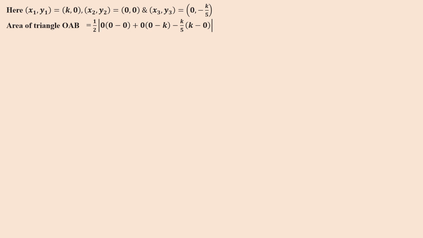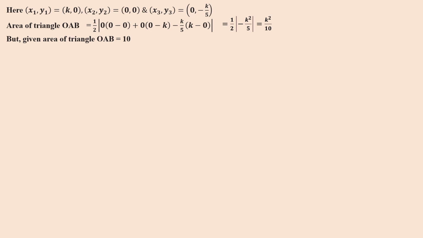So substituting the values, the area of the triangle OAB is equal to 1/2 [0(0 - 0) + 0(0 - k) + (-k/5)(k - 0)]. So that is 1/2 times (-k²/5), that is -k²/10.